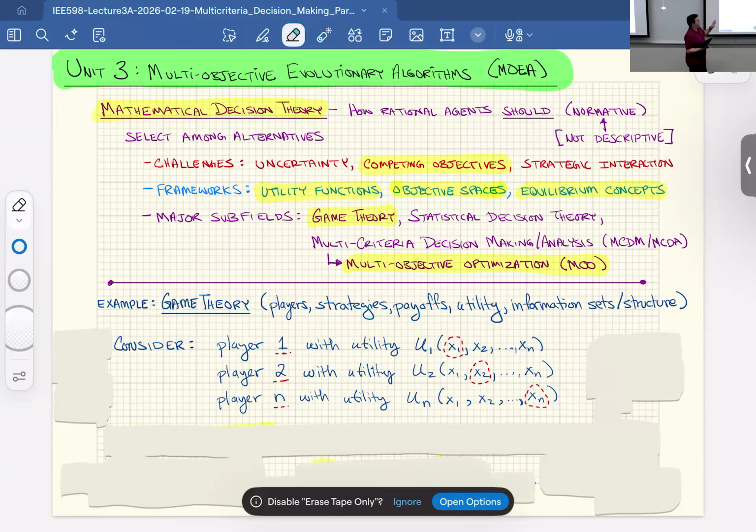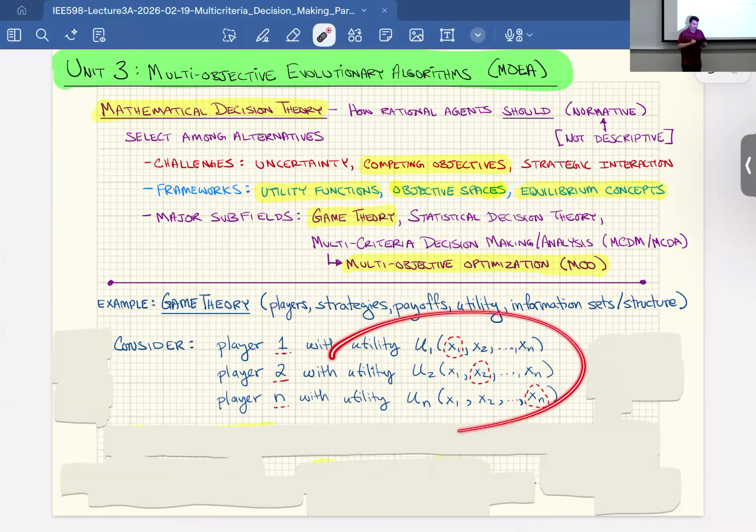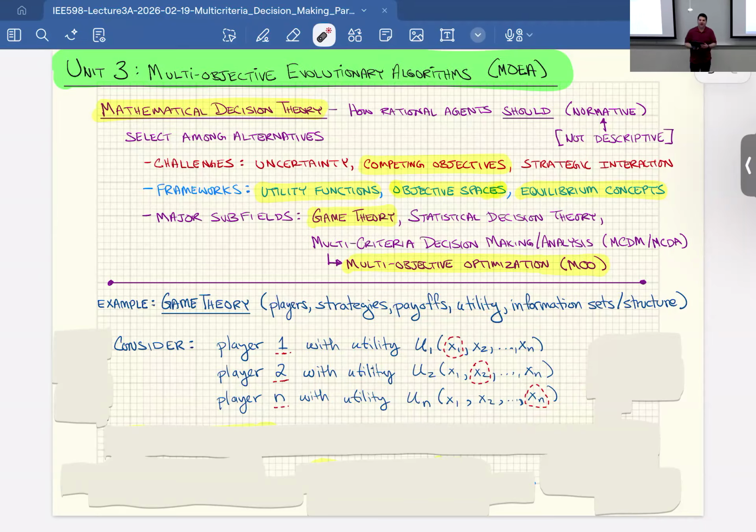So the idea behind this game theory, we have the players, or if you like to consider them agents, that's fine too, and they have so-called utilities. So I'm going to use this function that I'll sometimes say utility, I'll sometimes say payoff. In this class, we're considering risk-neutral individuals. So these are individuals that don't care about whether they've got a lot in the bank or a little in the bank. They make the same decisions.